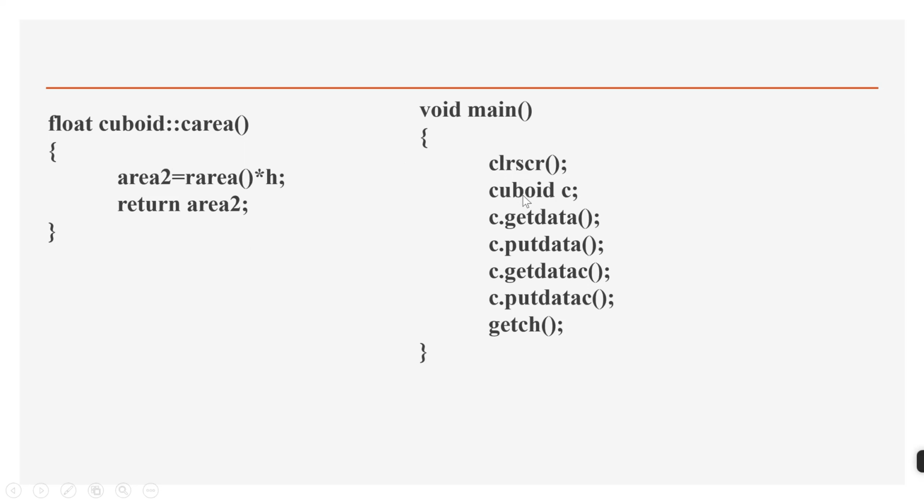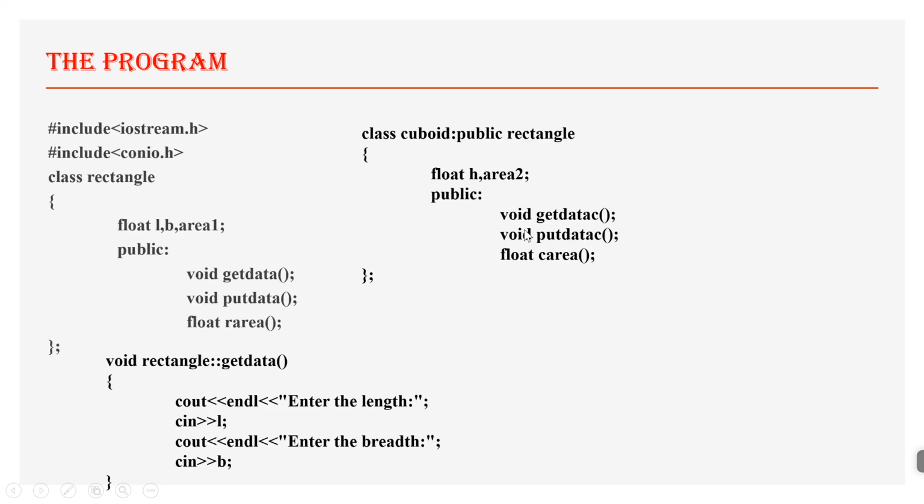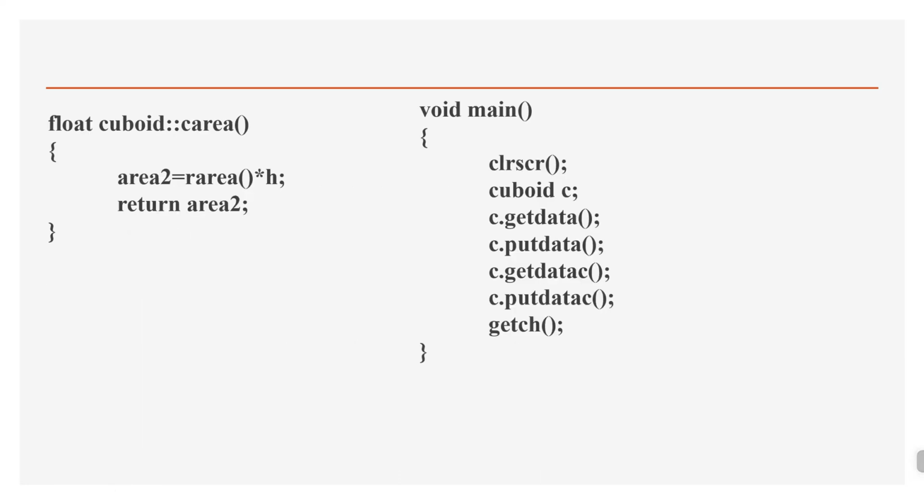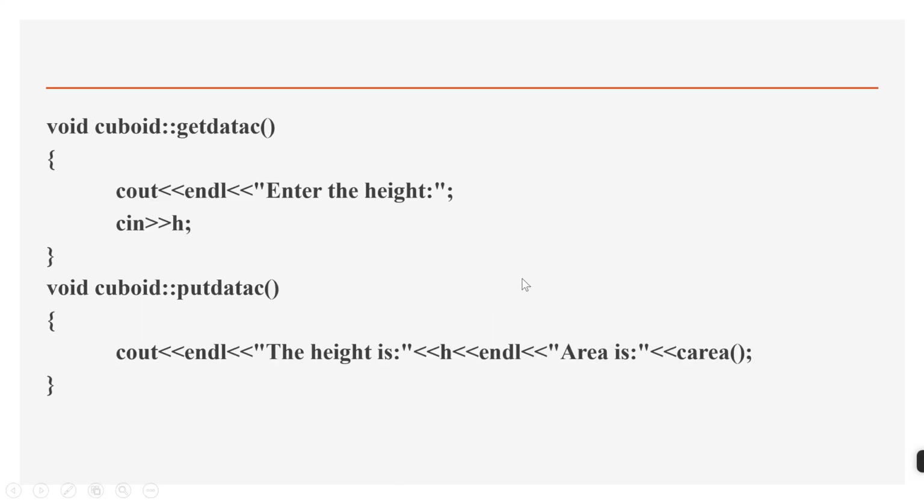Means what? C is an object of the derived class which uses C dot get data. See, get data is a function belonging to the base class. If I say C is an object of type cuboid, it can read the value for L and B through C dot get data and C dot put data.